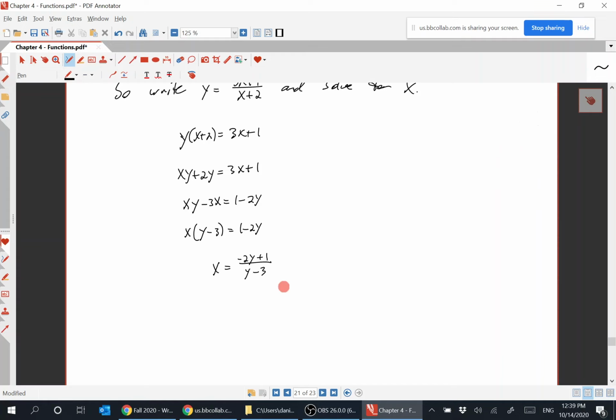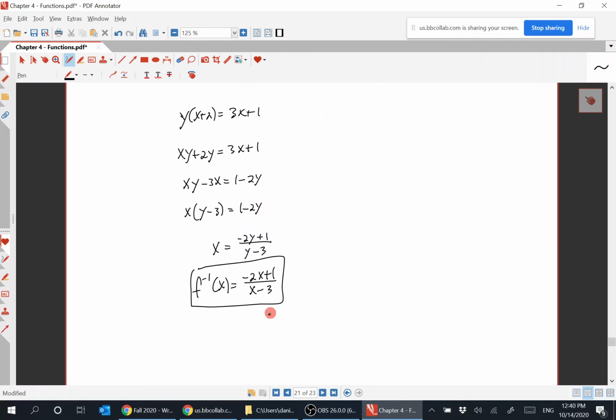I'm just not remembering what it is. So f inverse of x, you can switch back to x if you want, or leave it in terms of y, whatever you want, is (minus 2x plus 1) over (x minus 3).